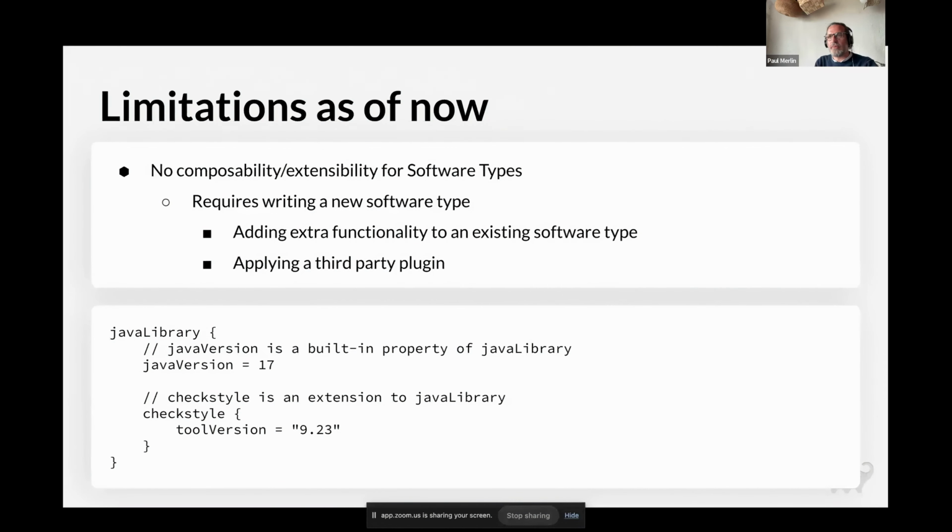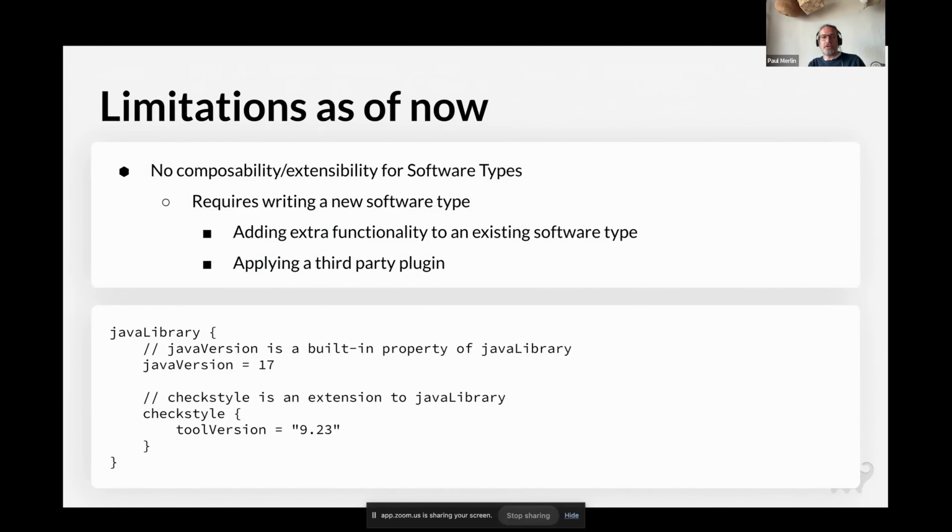Here we have a Java library block on the bottom, and it has a nested block which says checkstyle. And checkstyle is another plugin. It's not the Java library plugin. It's the checkstyle plugin. And we still don't have that mechanism to allow plugins to extend and add extra functionality to an existing software type. So what that means as of today is that if you try declarative and you need to mix plugins, you have to write your own software type.